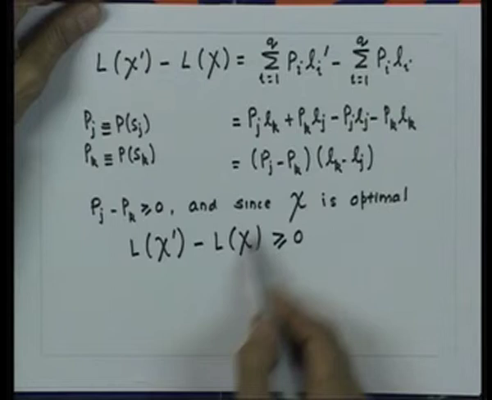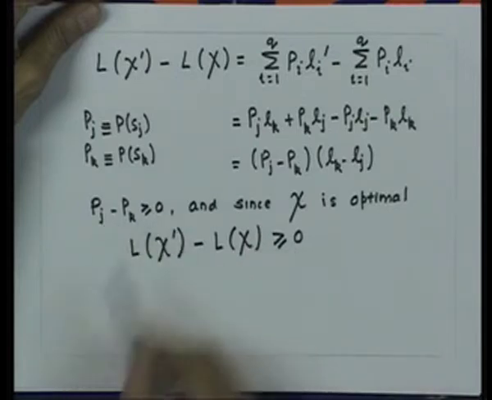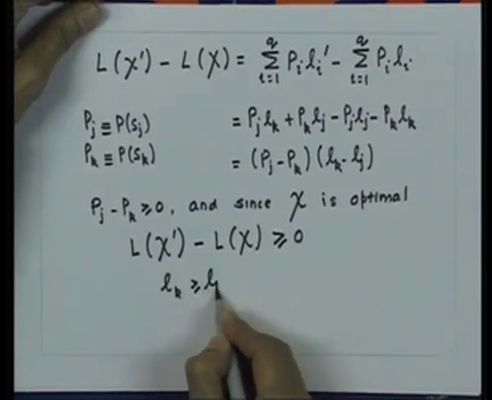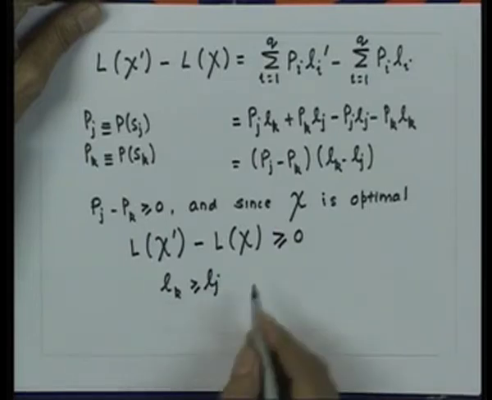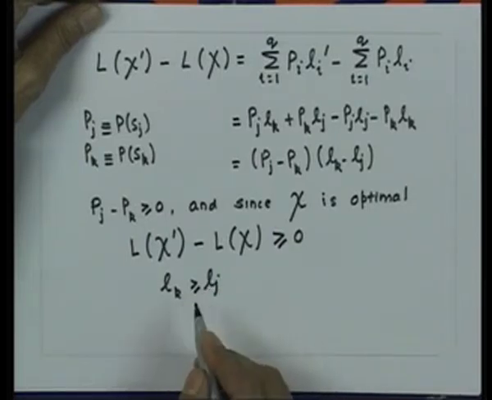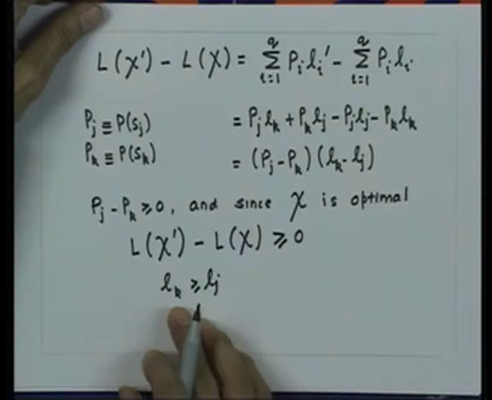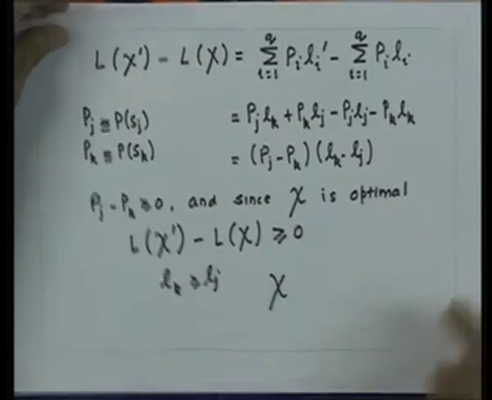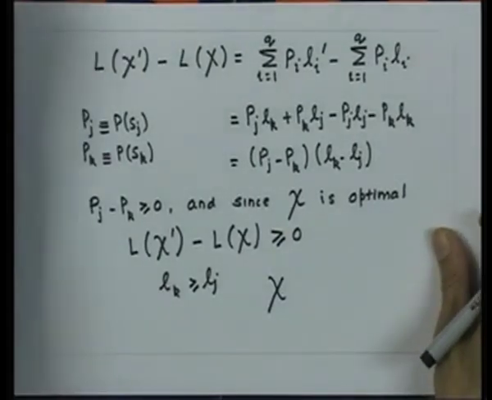So, if this condition has to be satisfied, it implies that Lk should be greater than or equal to Lj, which means that your code X satisfies condition 1.